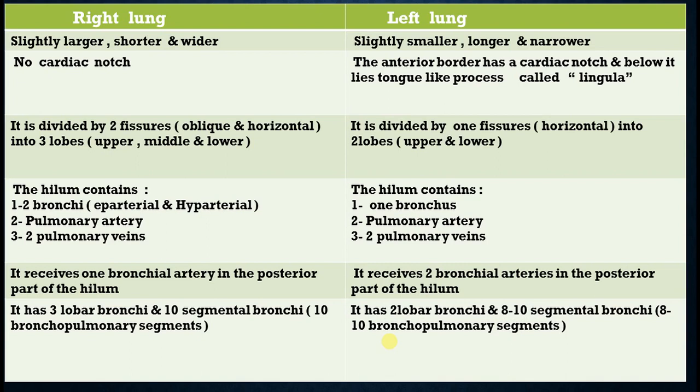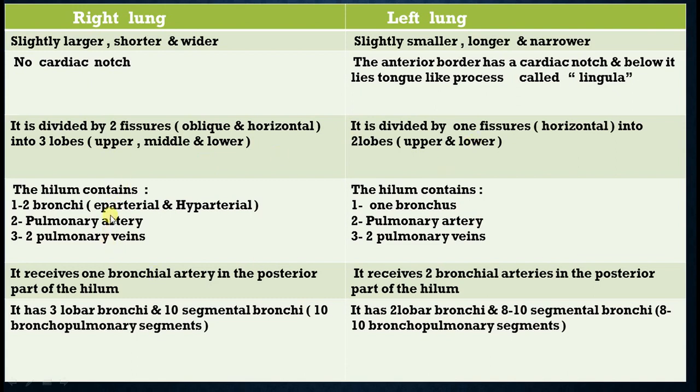So a brief comparison of the differences between the right and left lung. The right lung is slightly larger, short and wide, whereas the left is long and narrow. In the left lung, the anterior border shows a cardiac notch and a tongue-shaped process below it called the lingula. The right lung has two fissures and three lobes, the left has one fissure and two lobes.